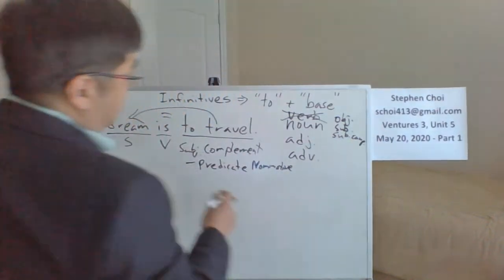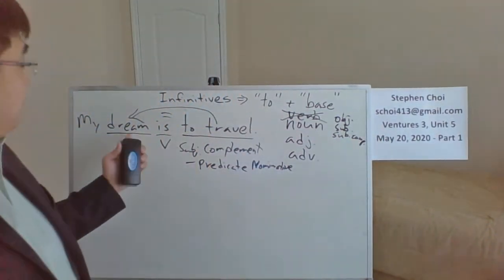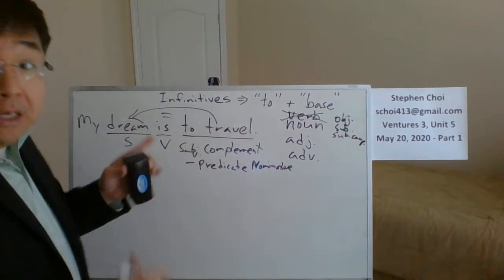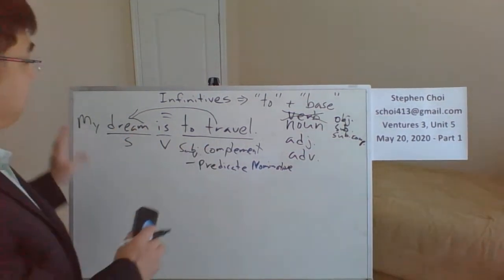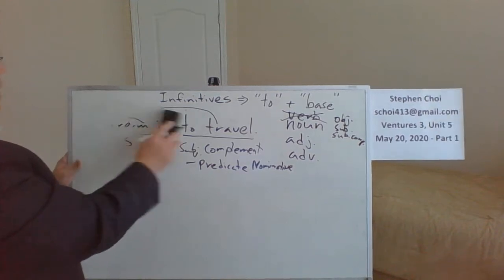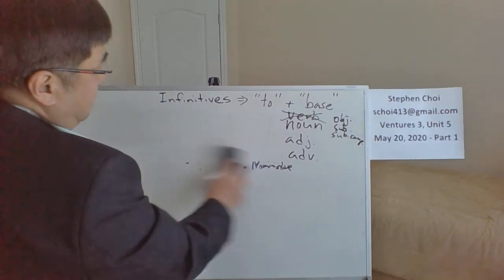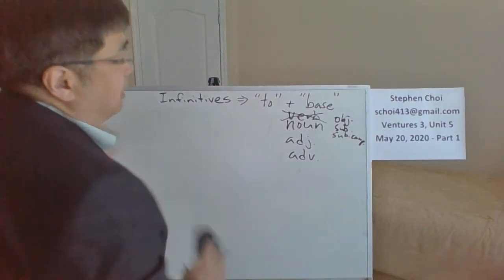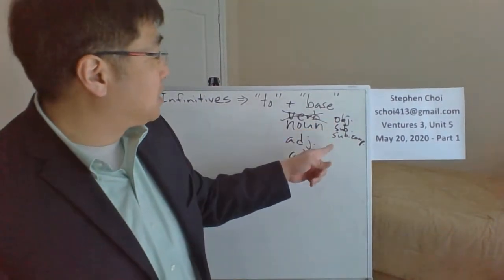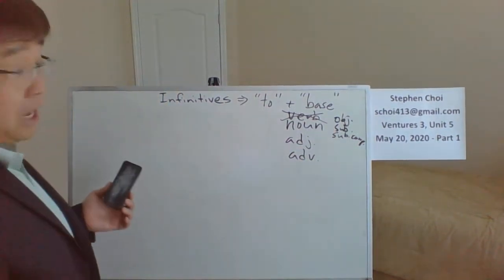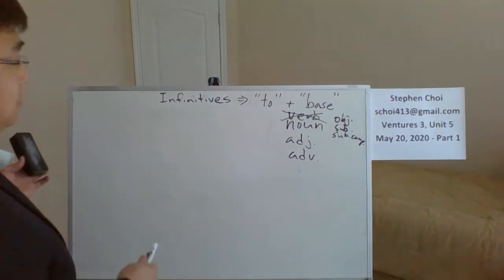So this is also a noun, just renaming the noun here. Dream equals travel, same thing. That's what it's saying. All right, so we talked about how infinitives can be used as nouns. We talked about three different ways: as objects, as subjects, and as subject complements, predicate nominative specifically in this case.